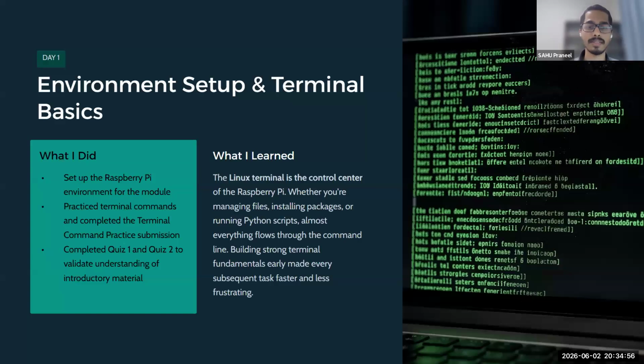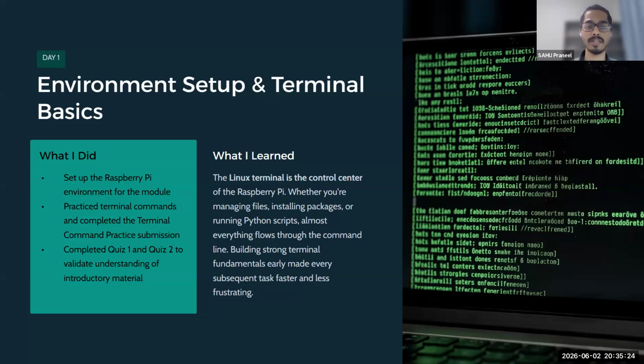On day 1, we set up the Linux terminal because, as you know, the Linux terminal is the control center of the Raspberry Pi. We first used hardware to install Raspberry Pi on the board, then connected it to another computer, and used WinSCP to move files from our own local computer to the Raspberry Pi computer.